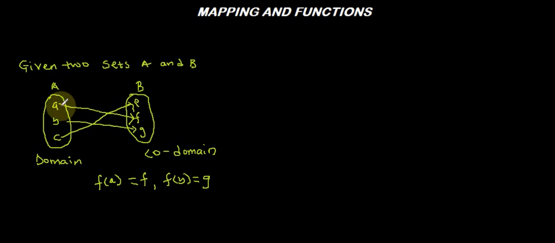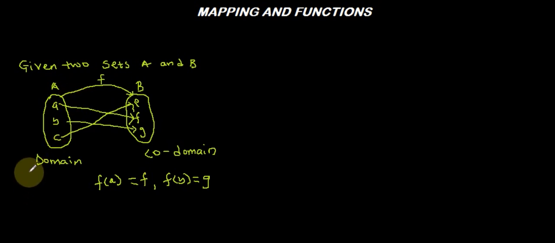Let's say we want to represent this rule with a letter f, which is joining these two sets together. Other times it can be represented with letter g and letter h, but mostly and commonly it's represented with letter f.